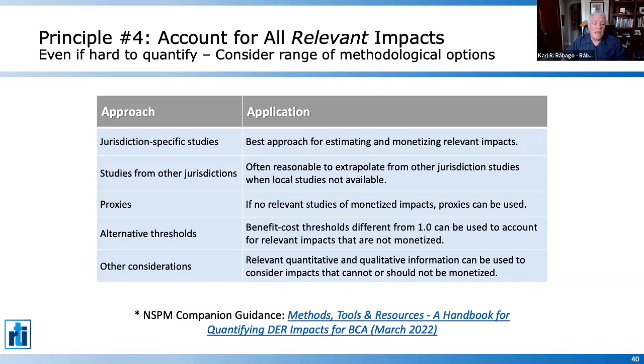And then finally, as I said, if you don't have quantifiable values that you can turn into dollars, you can always use other quantitative and qualitative information to consider those impacts that can't be monetized. But still, you try to get it all to estimated and monetized impacts. That's the gold standard in doing BCAs.